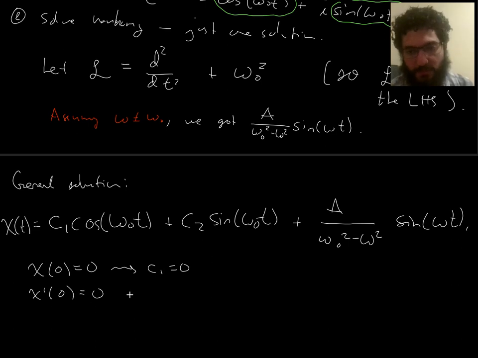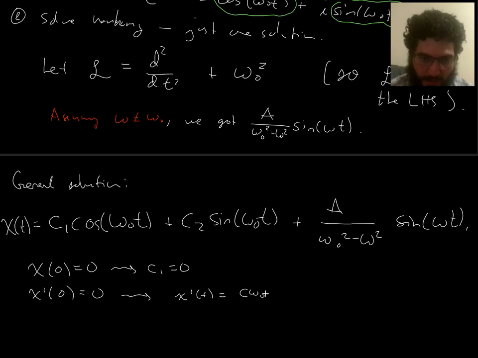And here I have to take the derivative to think about this one. So first I need to think about x prime of t. That's C1 omega naught times minus sine omega naught t plus C2 omega naught cosine omega naught t.